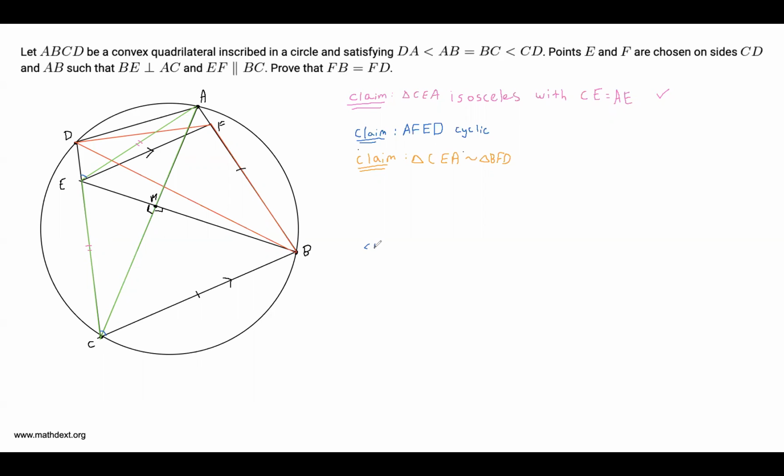Angle DCB is going to be equal to angle DEF because EF is parallel to CB, so we would have a transversal, right? But we are given from cyclic quadrilateral ABCD that angle DAB plus angle DCB is 180.